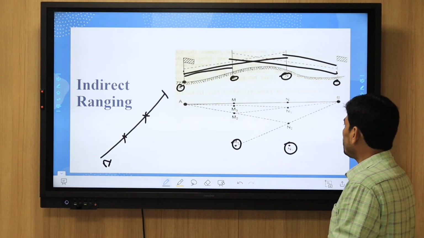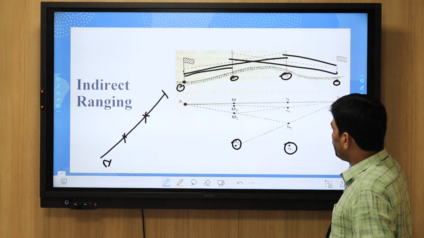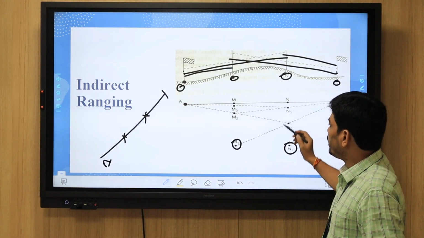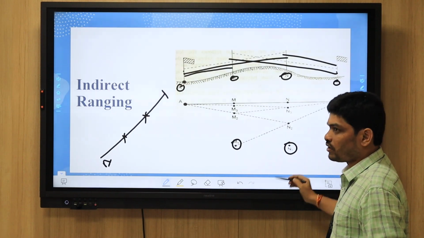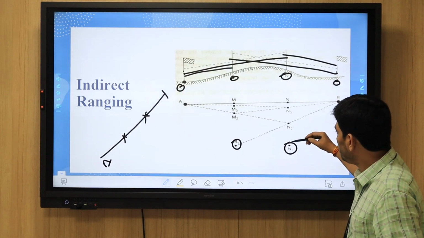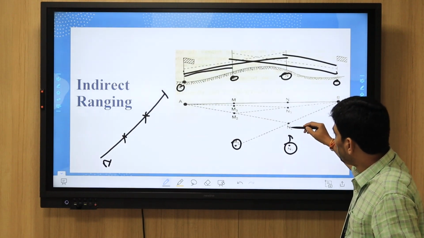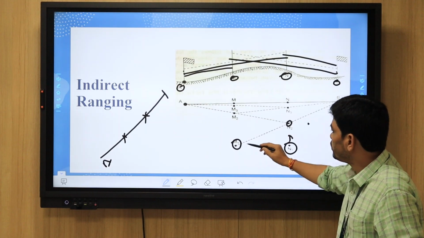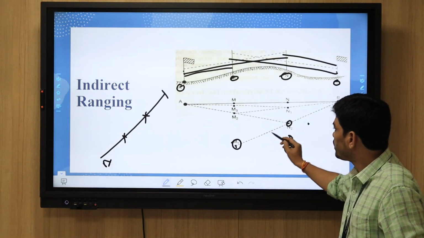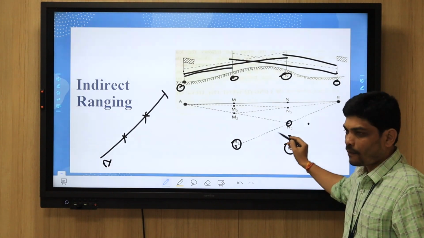From here we focused from B to N, we saw one line, and we asked the assistant at N1 to move towards the right direction. So he is moving towards N1 and kept it at this point. M1 and N all come into one line only.